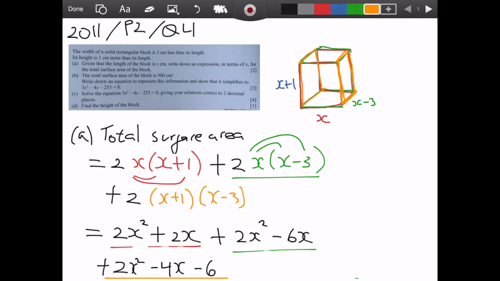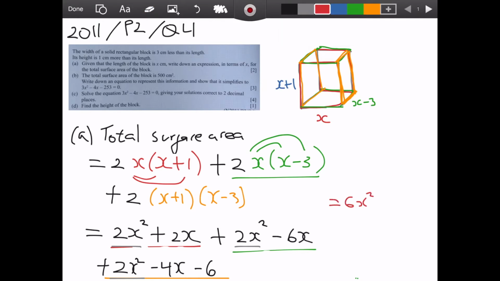And then now you want to simplify it further. So this is what you do. You just add 2x squared plus 2x squared plus 2x squared. This is 6x squared, right? So this is equal to 6x squared. Just put it in red. This is the final answer.